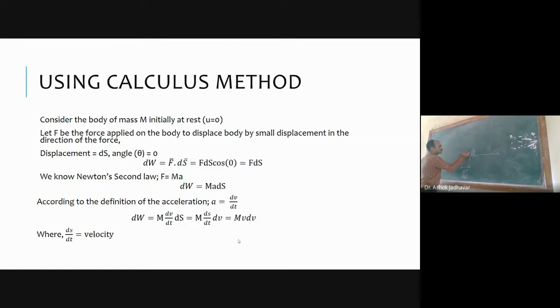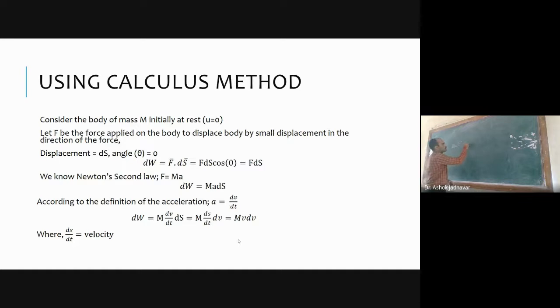Using the formula of work done, W is equal to F dot ds. In the precise case, as we have seen, our work done is very small, so work done is dW. We can write this formula as F bar dotted with ds bar.